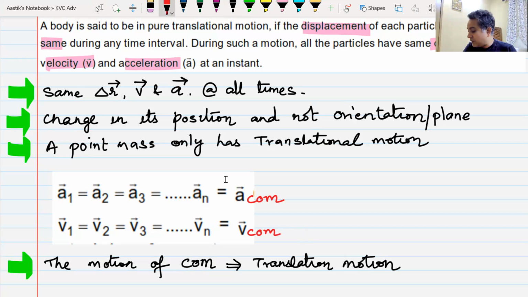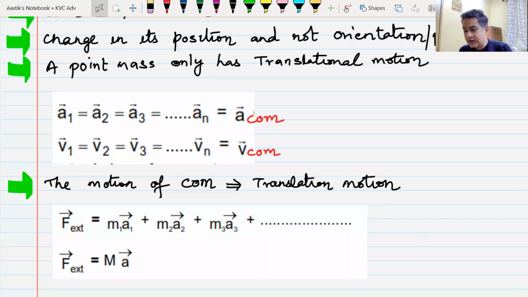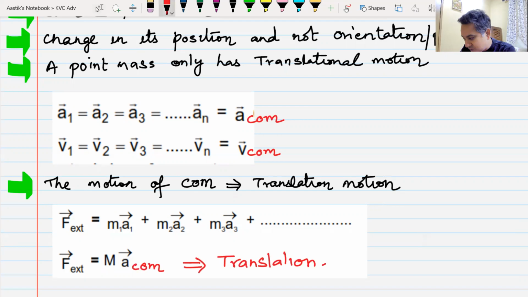Now, if you talk about the external force, there may be more than one external force acting on the body, F1, F2, F3, and so on. I told you internal forces cancel, yes or no? Yes, sir. So the net external force can be written as total mass into ACOM. This is only for the translational motion. Do we understand it?